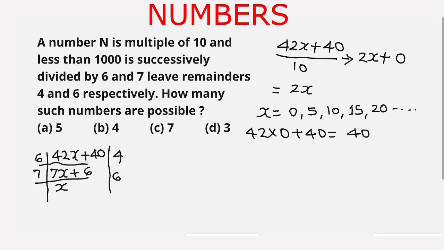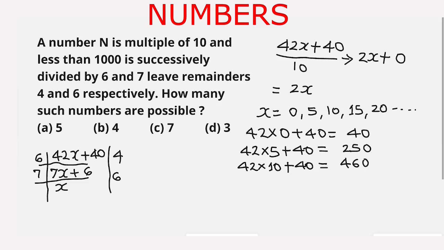If we put x equal to 5, then this will become 42 multiplied by 5 plus 40 equal to 42 times 5 is 210 plus 40 is 250. Now we put x equal to 10. So this is 42 multiplied by 10 plus 40 equal to 42 times 10 is 420 plus 40 is 460.